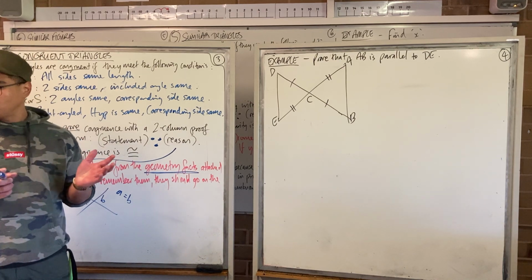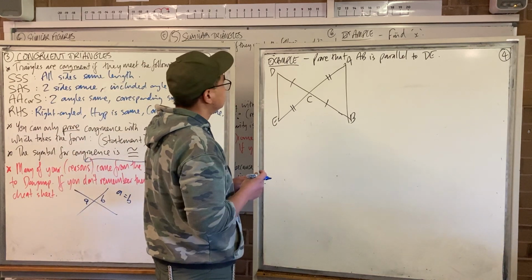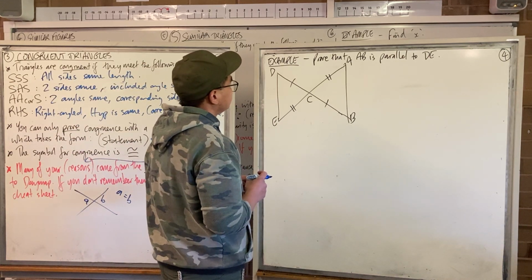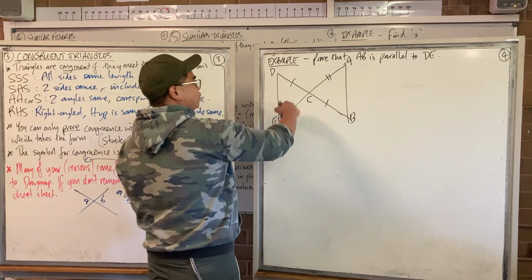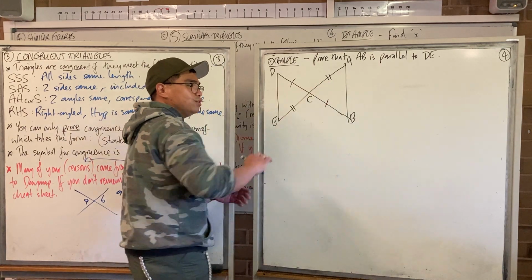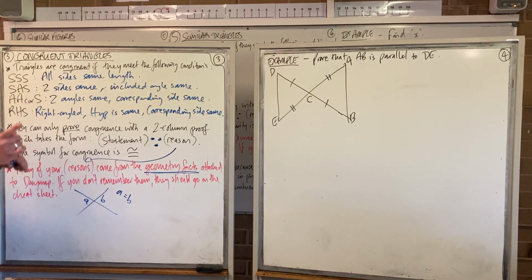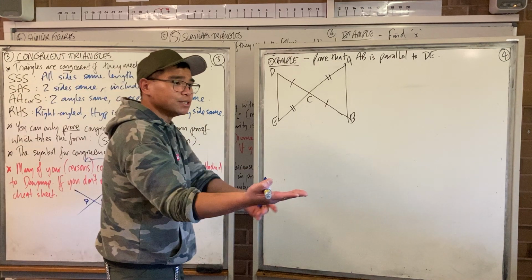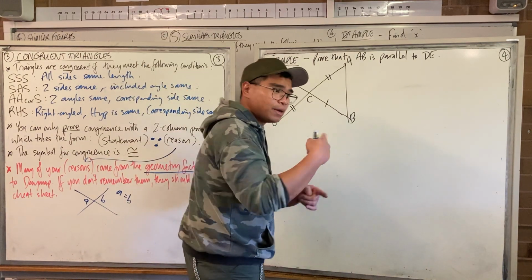I've got two triangles. Yes? Ultimately you're right, but we need to prove that these are congruent to do that. Let's do the argument. Because angle DCA and ACB. Good, so this is what I mean by the two triangles being congruent.